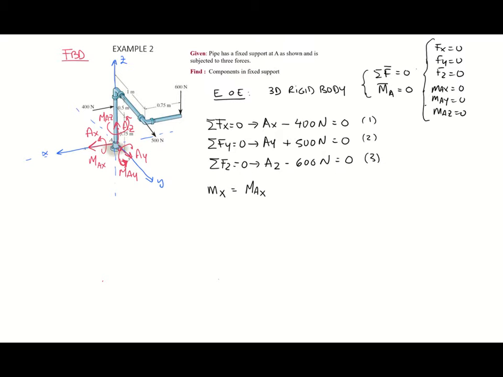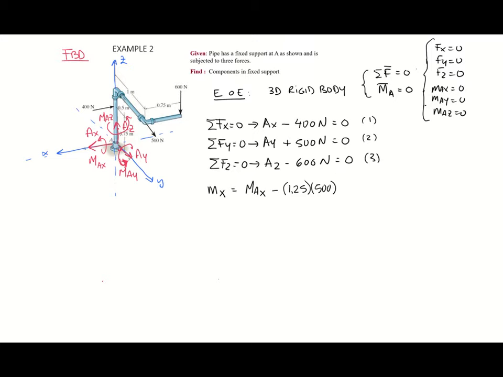So 400 newtons is parallel to X, so it doesn't create any moment. 500 newtons is at a distance. The distance is 1.25, and it produces a negative moment. So we'll say minus 1.25 times 500.